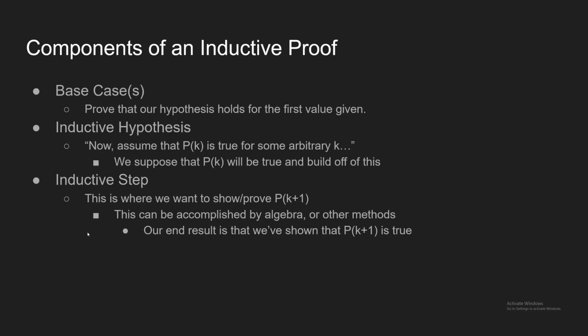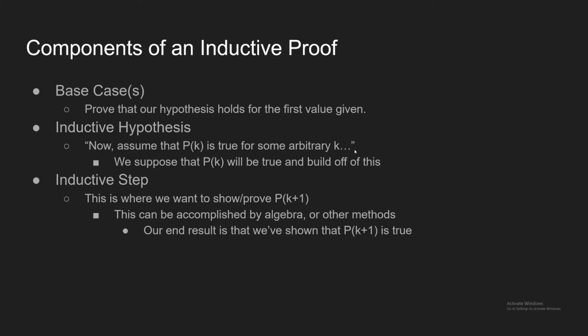Now we want to prove our base cases. We want to show that P(n) holds for our base case, the first value given. After that, we can proceed to the inductive hypothesis and say, now assume that P(k) is true for some arbitrary k.